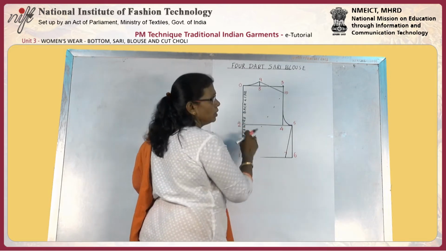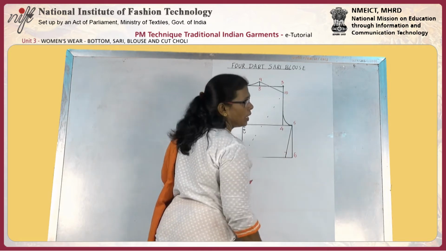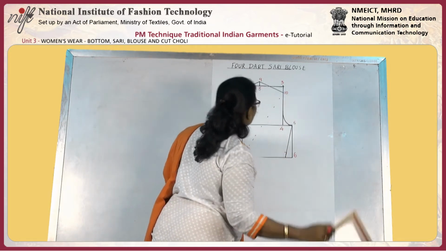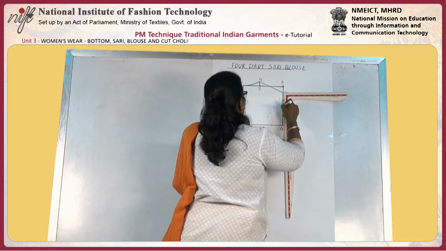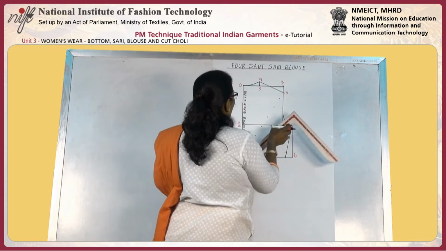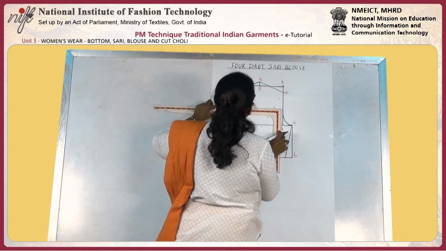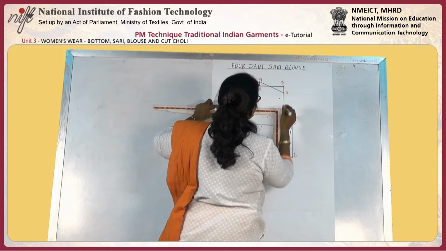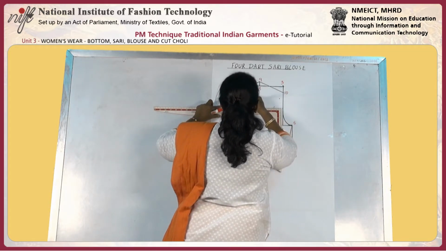And we should mark the middle of 10 to 4. And mark the across back measurement, which is 7 1/4.